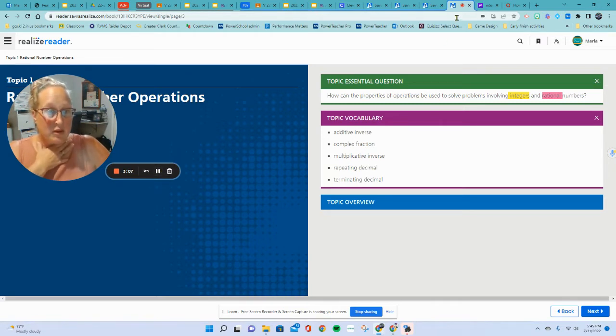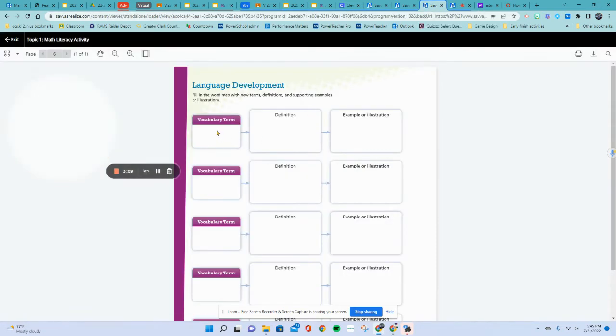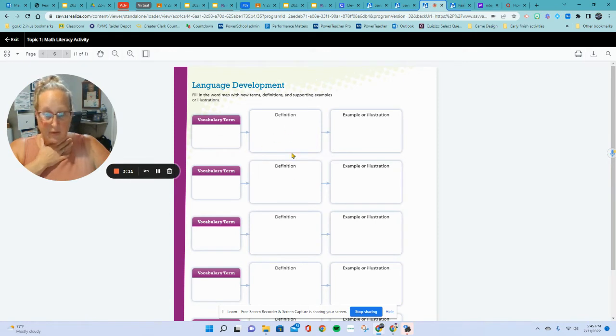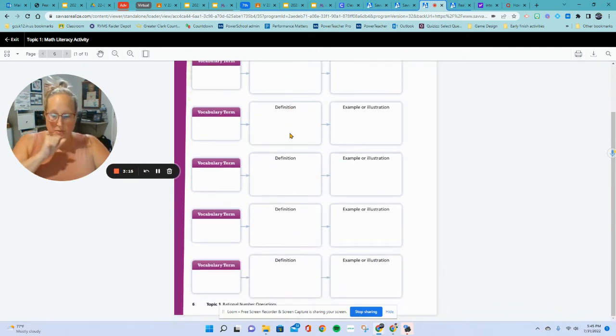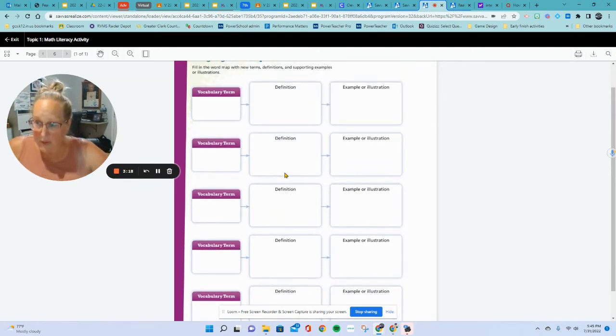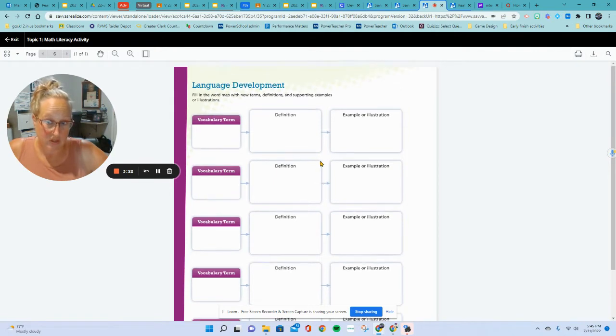Okay, so those should all be filled in here. We are not going to worry about the definition at this time because as we move on with our topic 1, we will fill in those definitions as we run into those words. So if you think you know the definition, you can go ahead and type it in, but don't submit anything yet. So I just want to make sure that you guys know what's expected there.